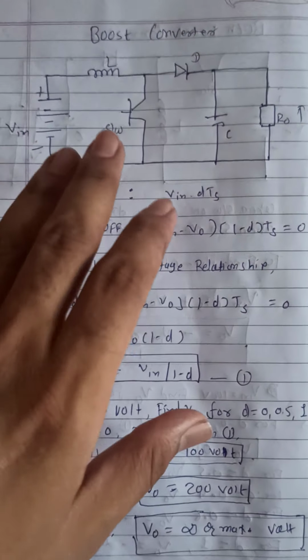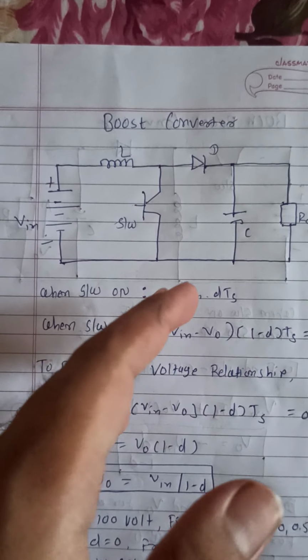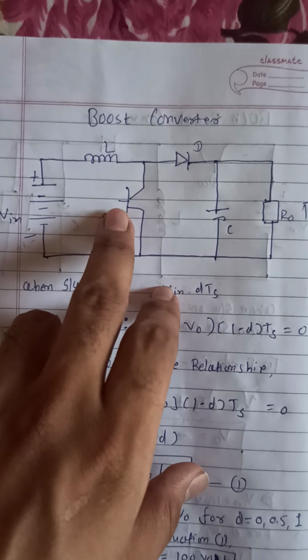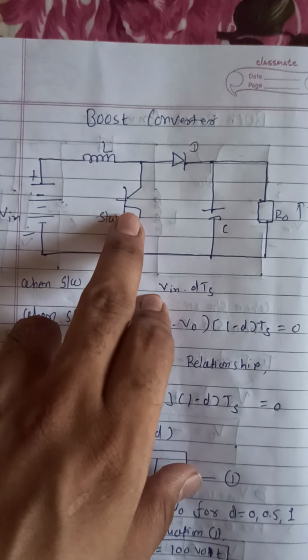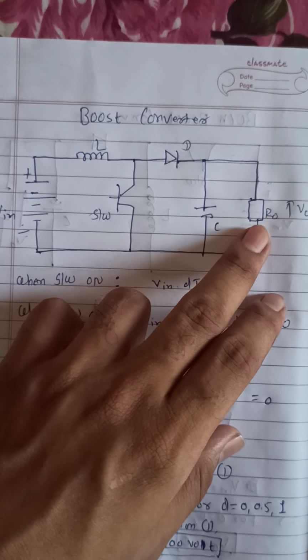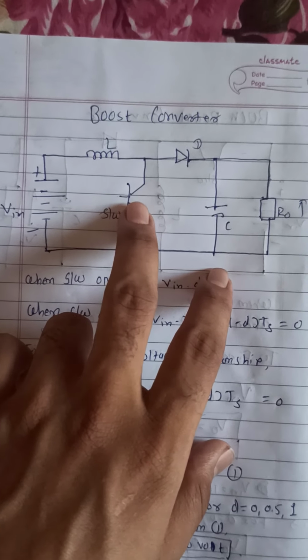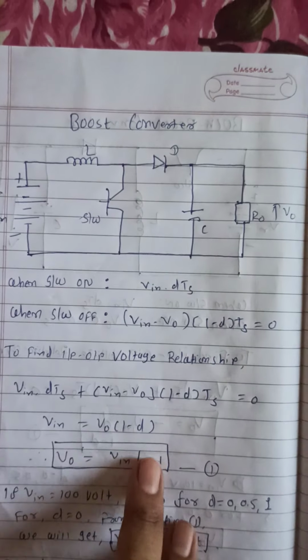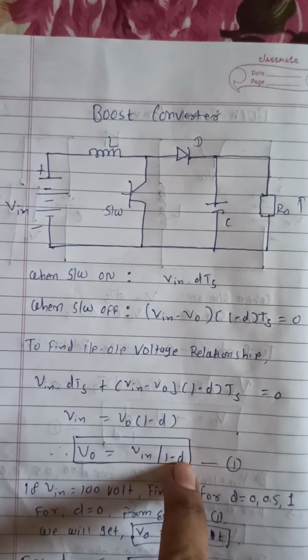Actually, practically, your device fails whenever the switch is permanently on. If you give a permanent gate pulse, you are getting maximum output voltage. Okay, it shows that, but in practice it is not happening. But from the equation you can say you are getting the maximum output voltage.